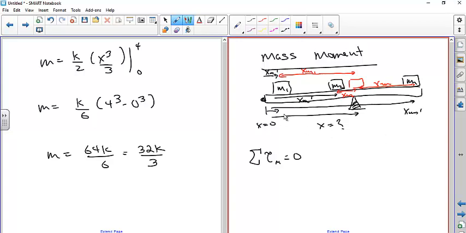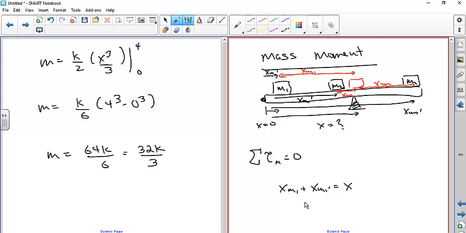And so you would figure out what the torques are. And you could see that x sub m1 plus x sub m1 prime is going to be equal to x. So the distance from here to here plus the distance from there to there is this unknown distance x.